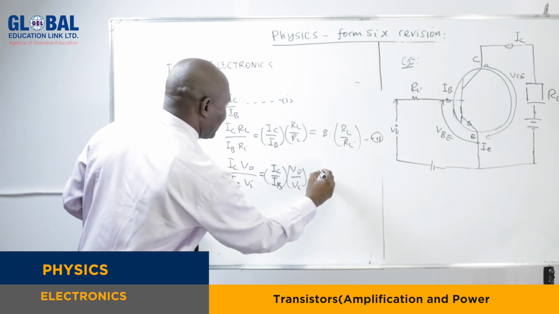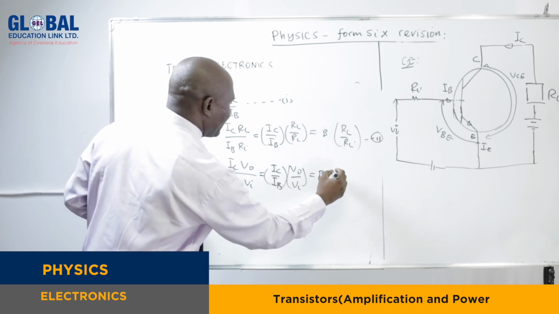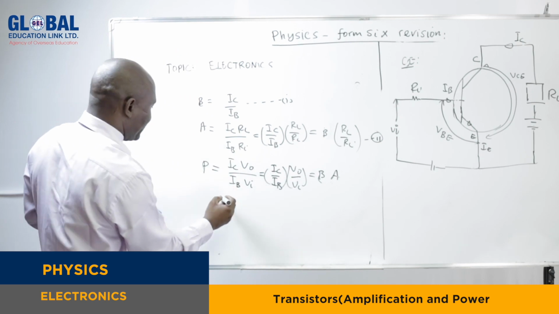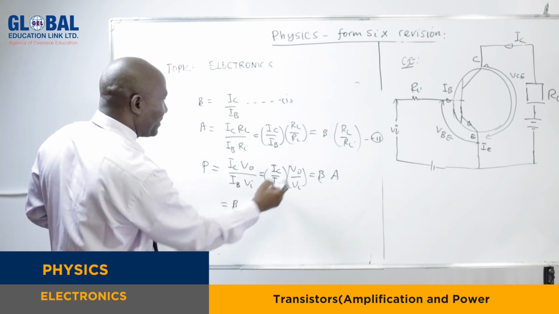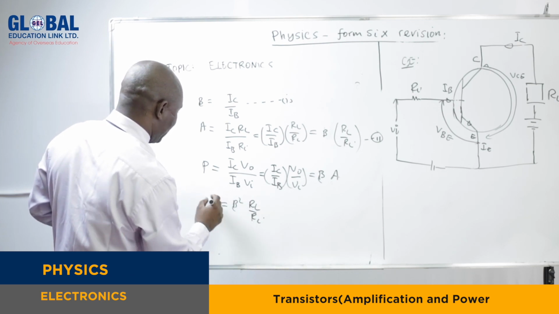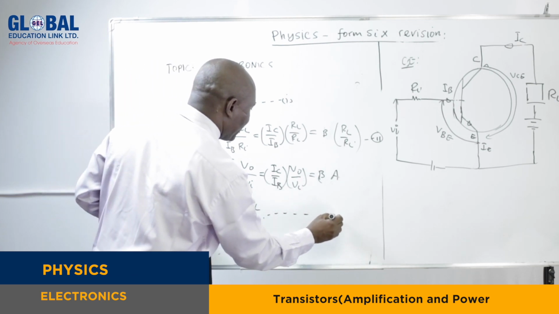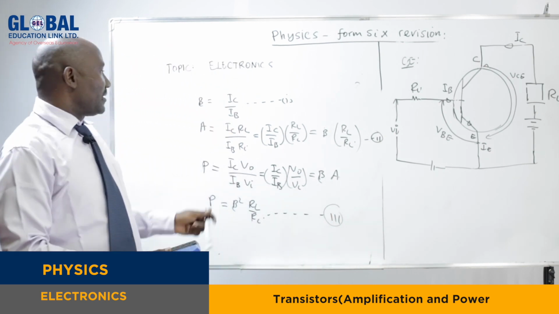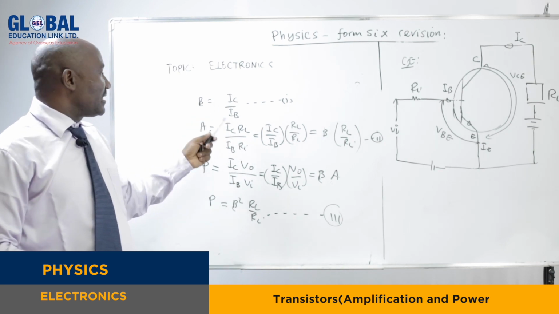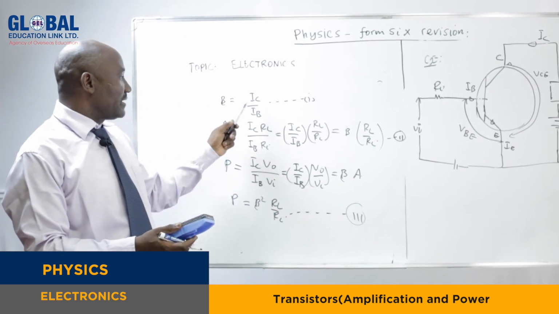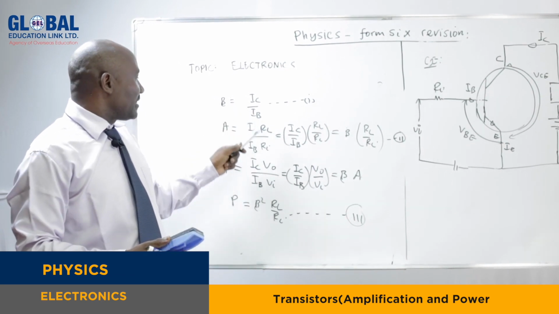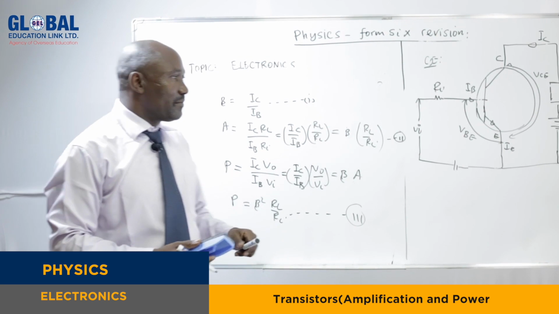This gives us the current gain times the voltage gain, which means if you open the bracket, we have beta squared RL over RI. So whether common emitter or common base, the formula for current gain remains the same. We should know which one is the input and which one is the output voltage, and the input and output current respectively. So we have the current gain, voltage gain, and the power gain.